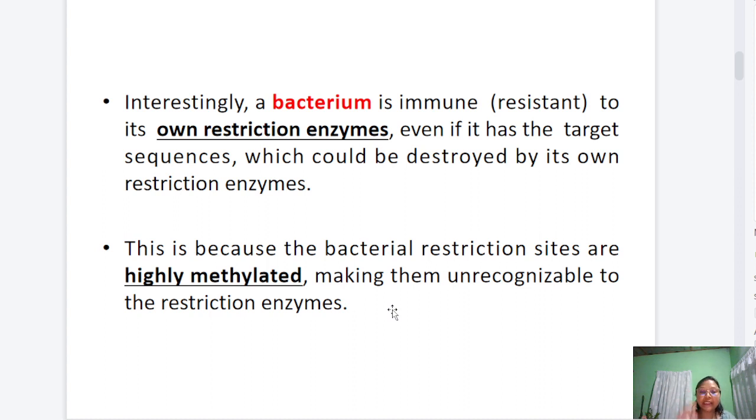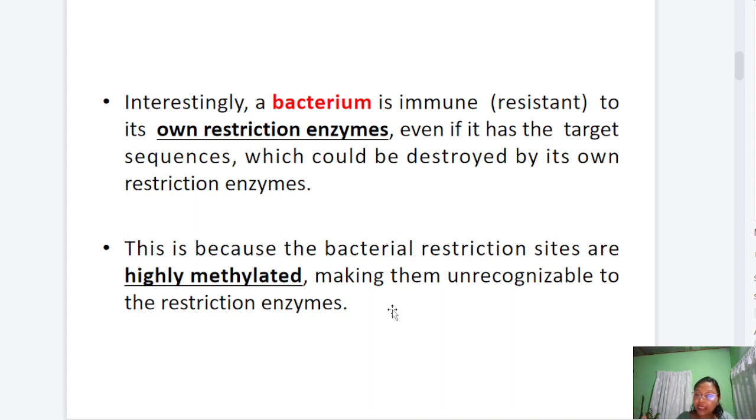So interestingly, a bacterium is immune to its own restriction enzyme even if it has target sequences which could be destroyed by its own restriction enzyme. Basically, if the bacterial genome were not methylated, then the restriction enzyme would fragment it, cleave it and make it into smaller pieces or destroy it completely.